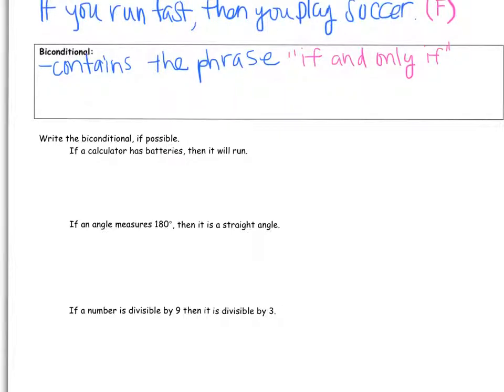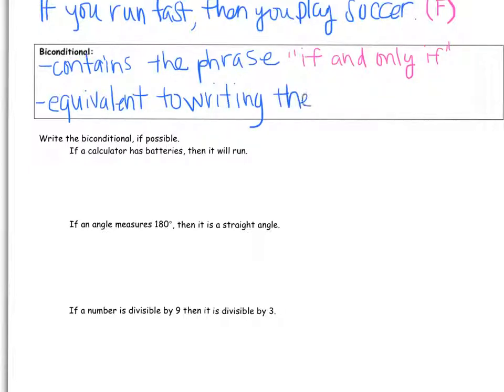What the biconditional is, this is equivalent to writing two statements. You know that the prefix bi means two. The biconditional statement is equivalent to writing two different statements. It's equivalent to writing the conditional and its converse.